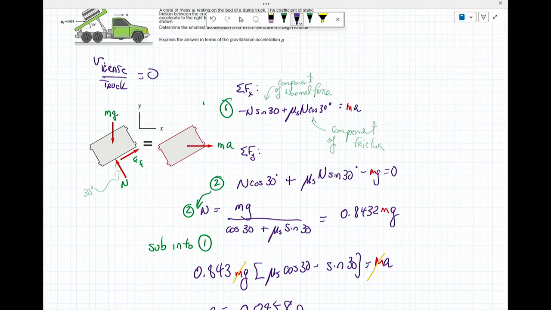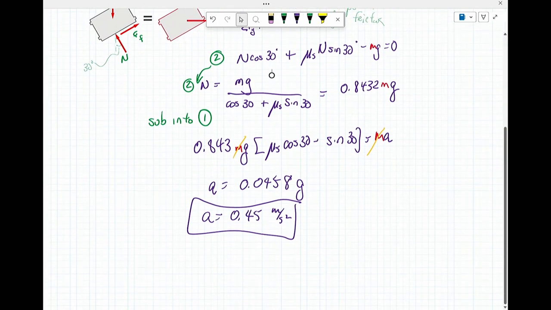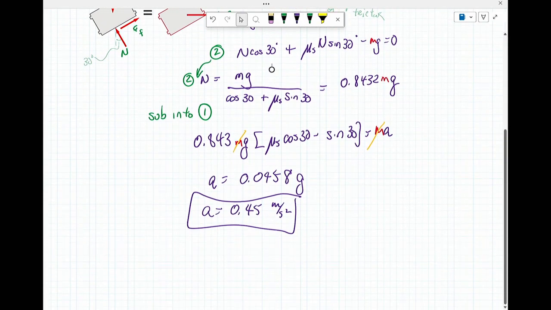That total number is what's needed to hold everything in place. The normals are not as clear, but they will hold in place. But if I were to introduce a tiny bit of acceleration beyond that, so I carried this out to 4 significant figures as 0.4491, if I go just a tiny bit above that, then I would see slip and everything would change, and I'd have a velocity of the crate relative to the truck.